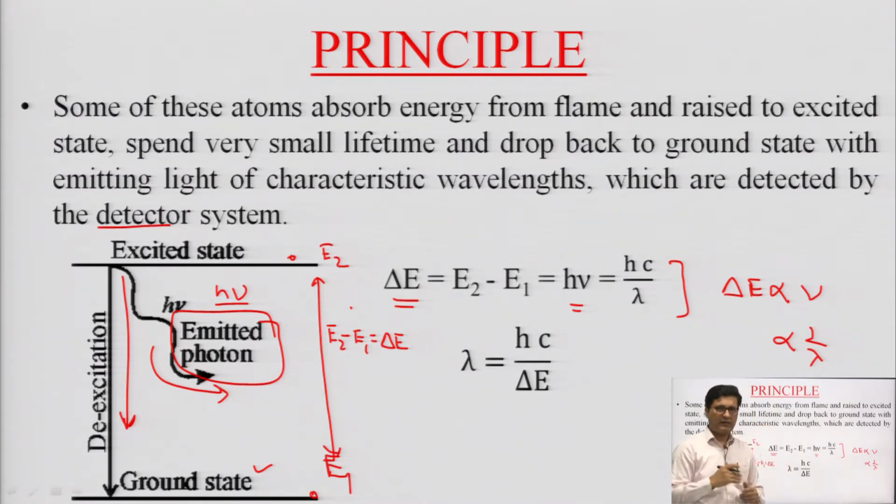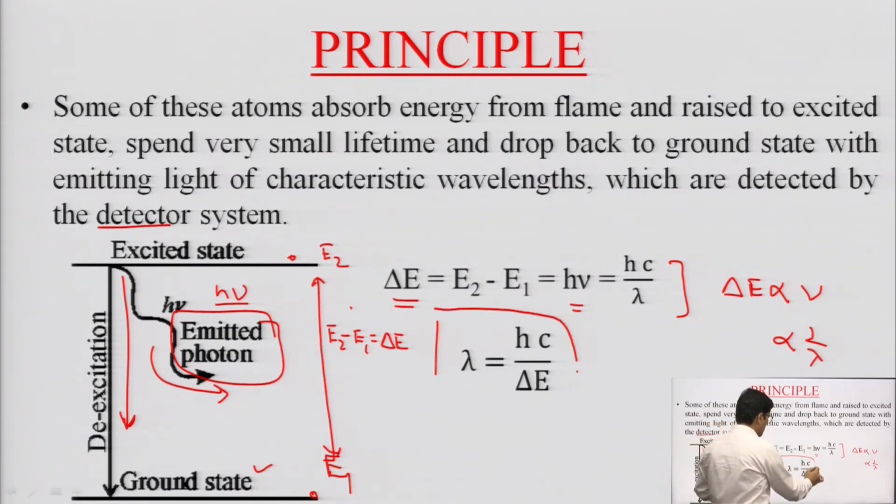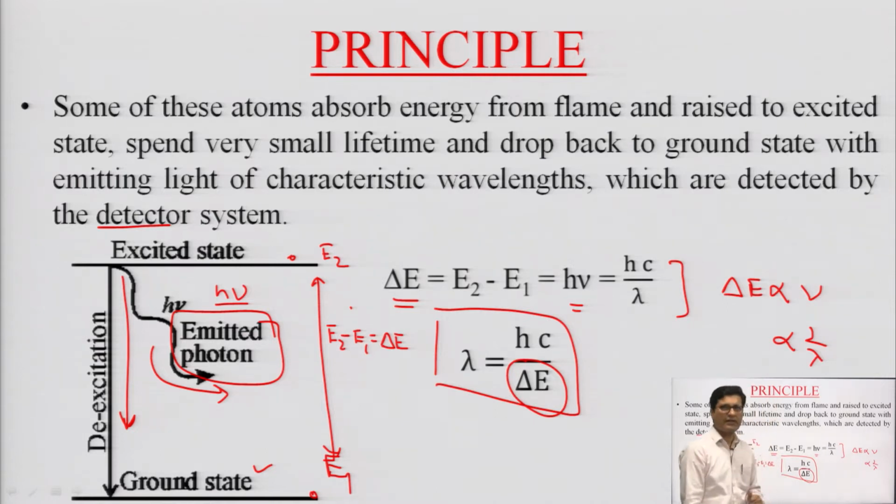If the gap between the ground state and the excited state is larger, a high amount of energy will be emitted, so its frequency would be higher and its wavelength smaller. If the gap between E1 and E2 is smaller, then longer wavelength light is emitted. So, the wavelength observed in the detector depends upon the difference of energies between the ground state and the excited state, that is E1 and E2.